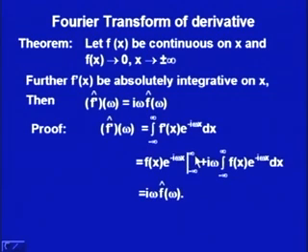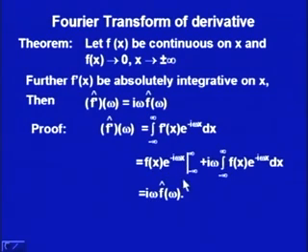Now, this is the same as i times omega times f hat of omega, because i omega is as such and the integral is nothing but the Fourier transform of f. What happened to the boundary part? We had assumed that f(x) approaches 0 as x approaches either plus infinity or minus infinity.